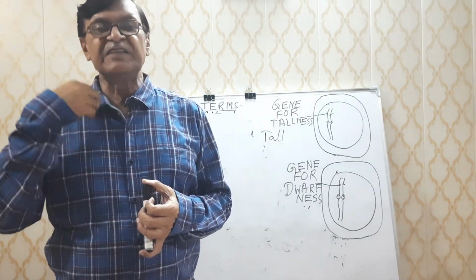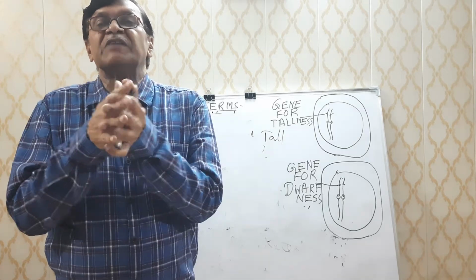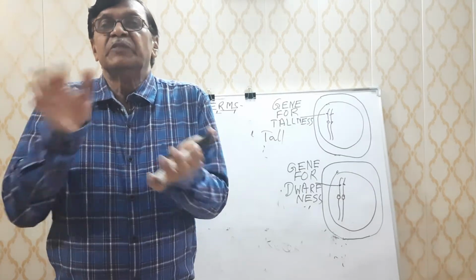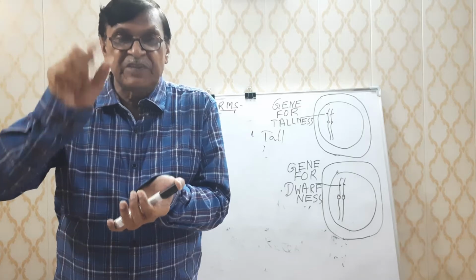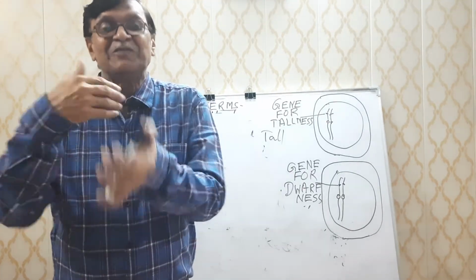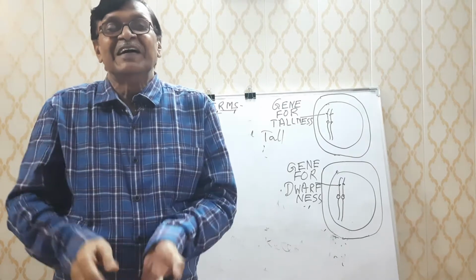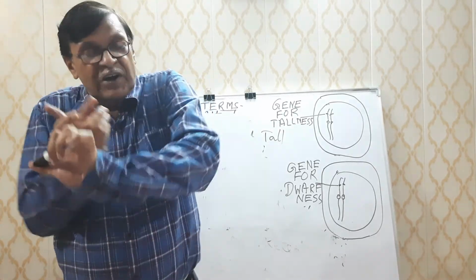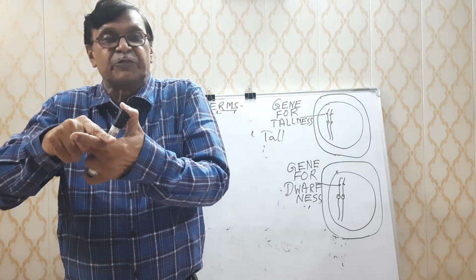So myself and yourself both become alleles of each other, because we are occupying the same seat. Occupancy of the same seat does not mean that both of us will sit together. It clearly indicates that only one of us will sit at that point.